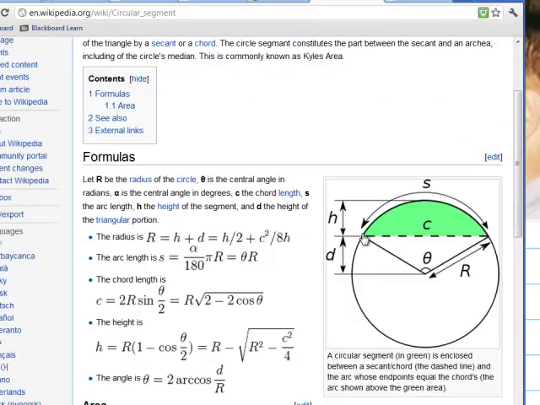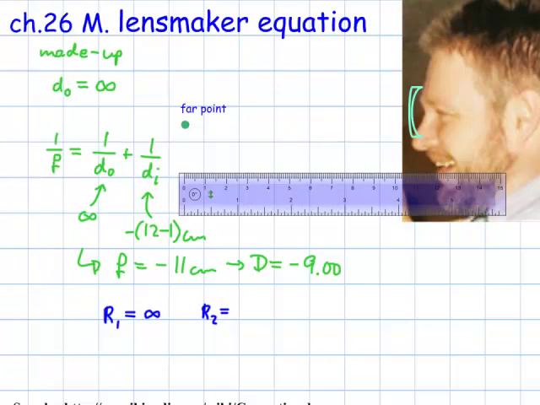I measured the thickness of that curvature, and I figured out what the radius was, and that was a rough measurement. I came up with 7.5 centimeters, rounded to the closest half centimeter.